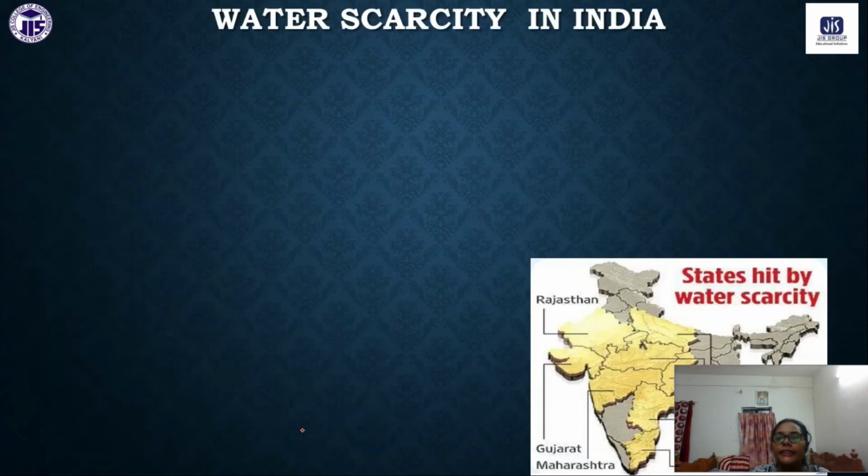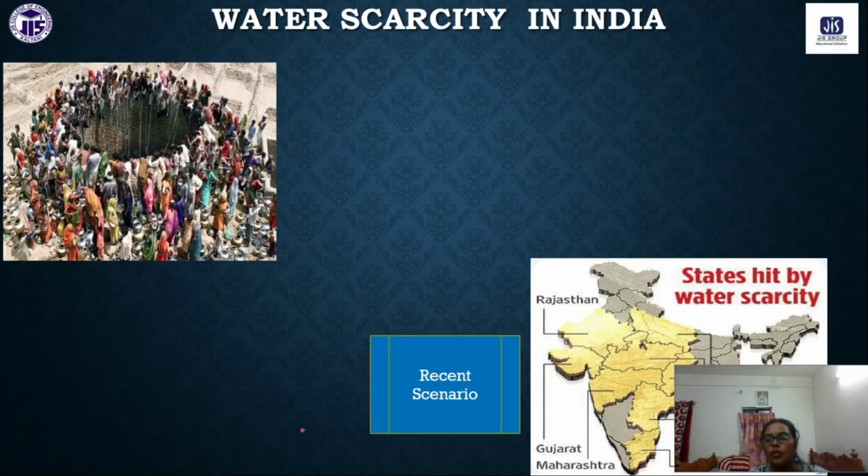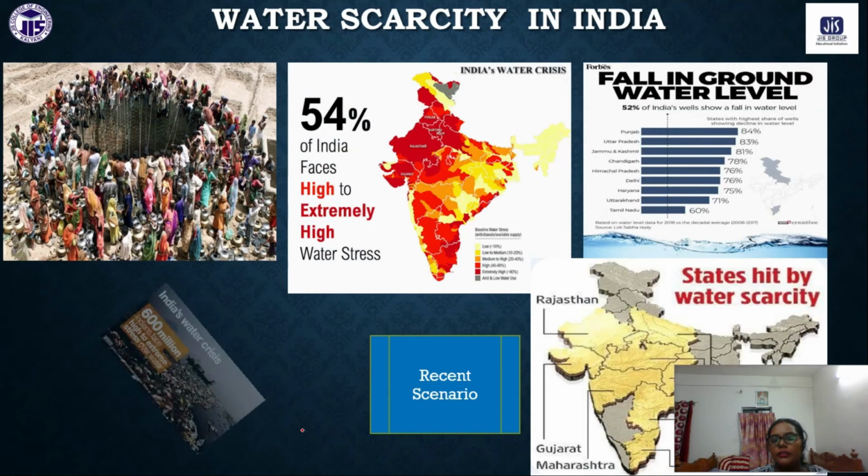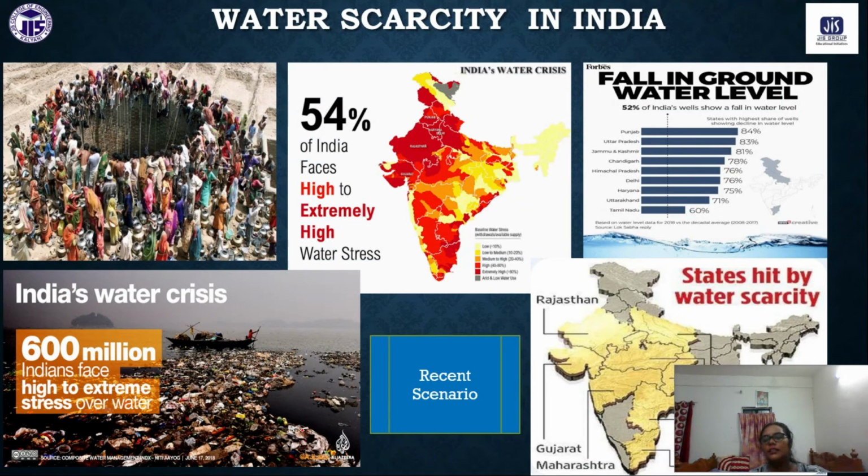So this is the water scarcity, the present scenario. If we are not aware right now, it will be very harmful for our sustainability. That's why we have to prevent the overutilization of water, first thing.